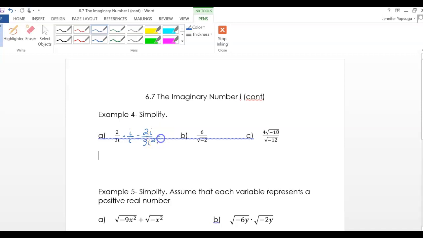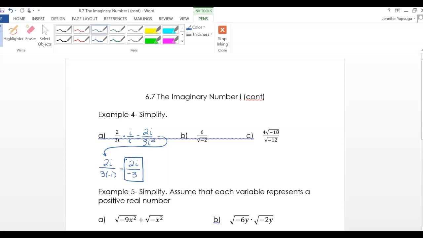So this now becomes 2i over 3 times -1, which then simplifies to 2i over -3. Then you just need to ask yourself, is there anything that you can simplify? And the answer is no. So we're going to leave that in that form, 2i over -3.